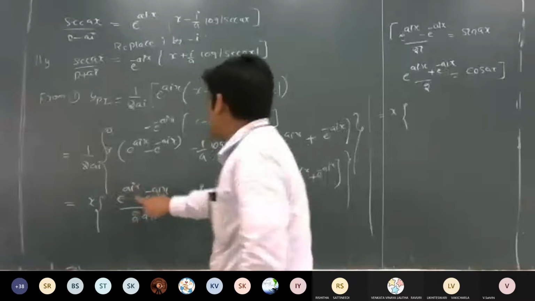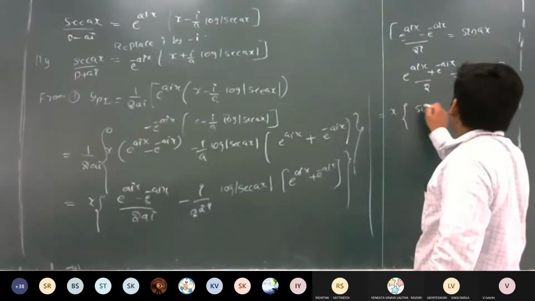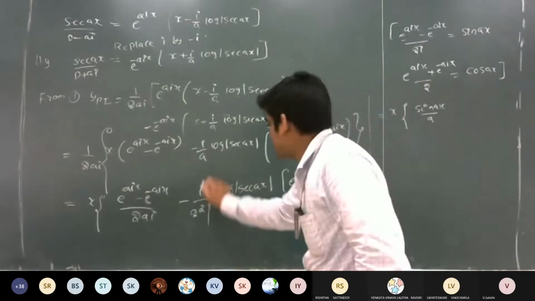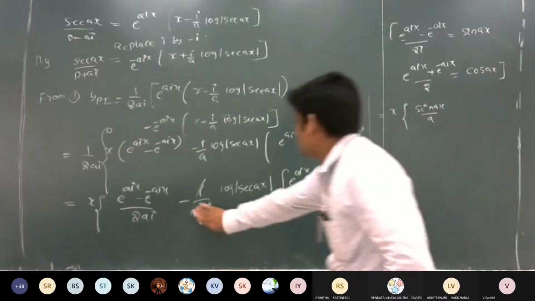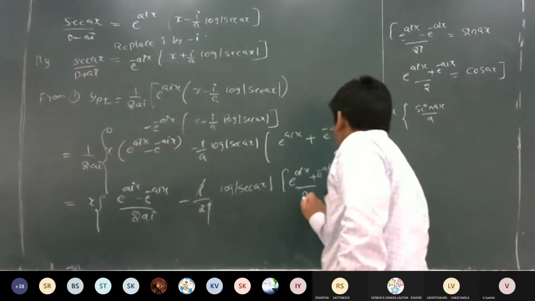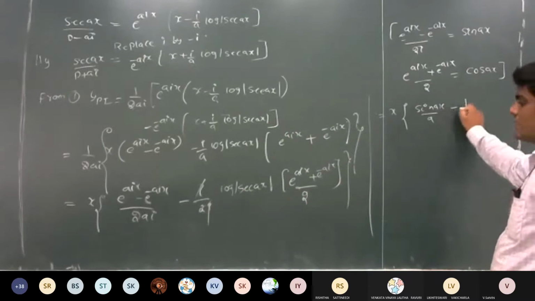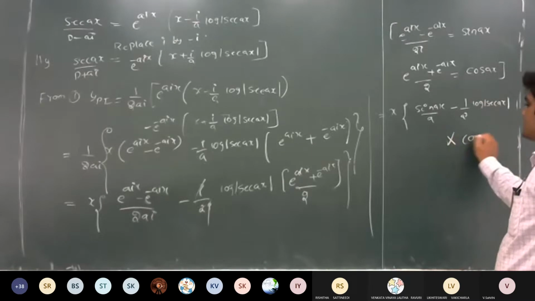Here e power aix minus e power minus aix by 2i is nothing but sin ax by a. Next, here i gets cancelled, and the minus, so you put 2 as here. Its value is nothing but minus 1 by a square into log mod secant ax into cos ax.